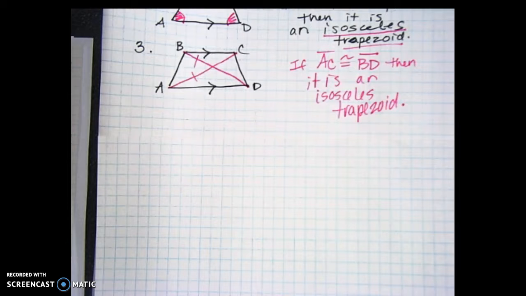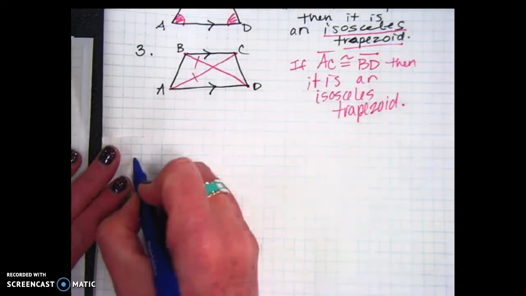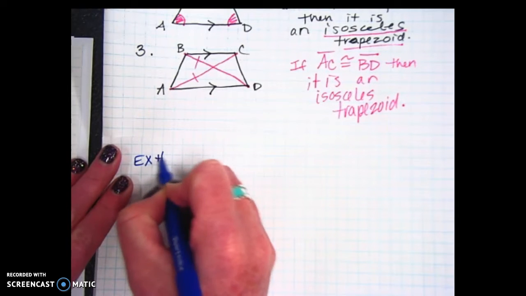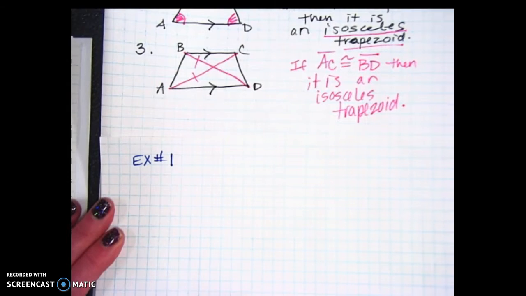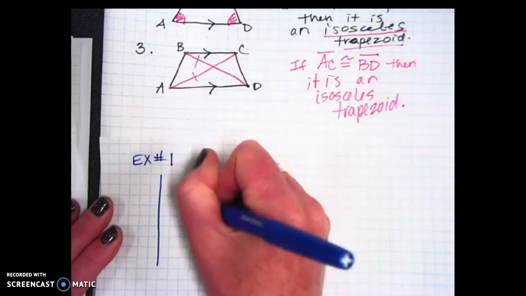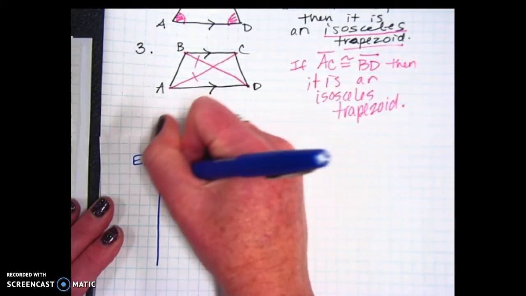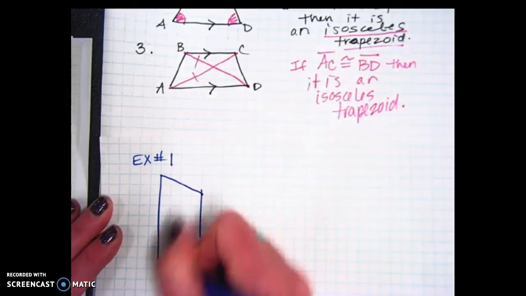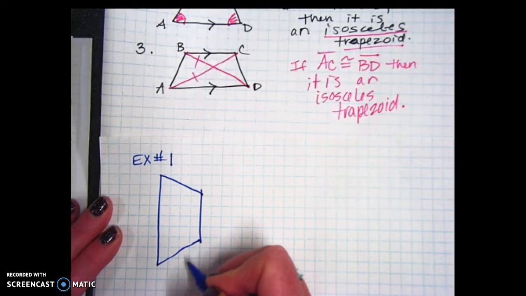All right. So let's look at a couple examples. Example number 1. I'm going to draw you a trapezoid. This one I'm going to draw sideways so you get used to seeing it at a different rotation.